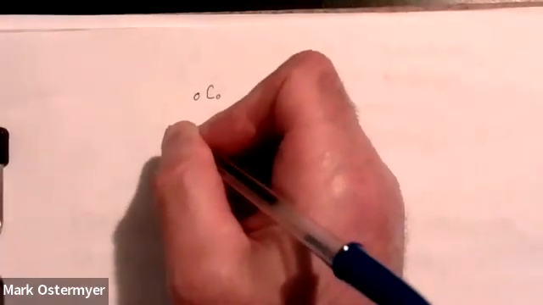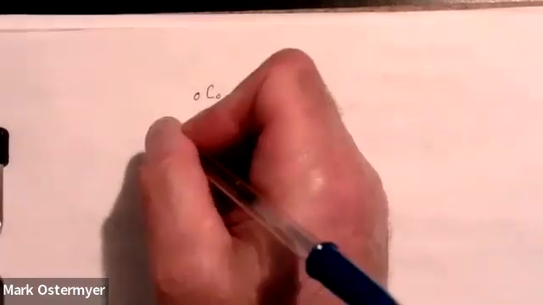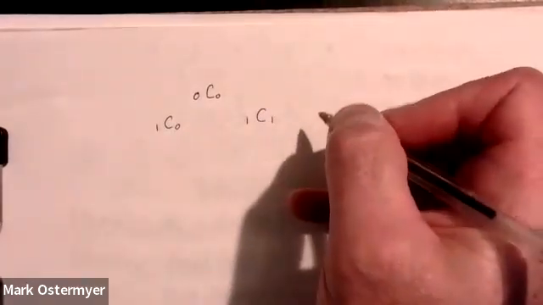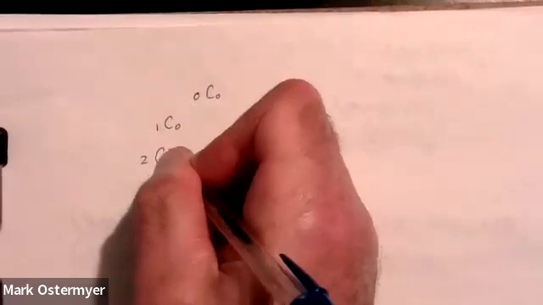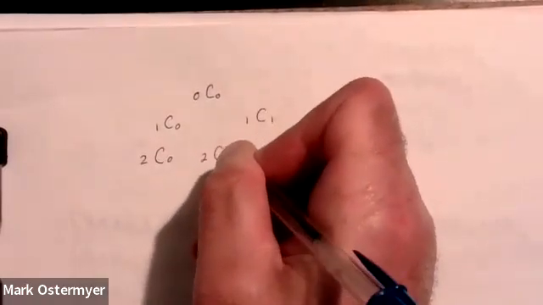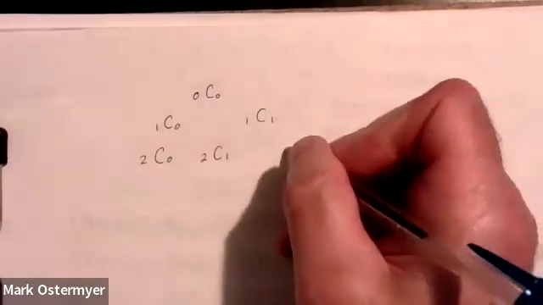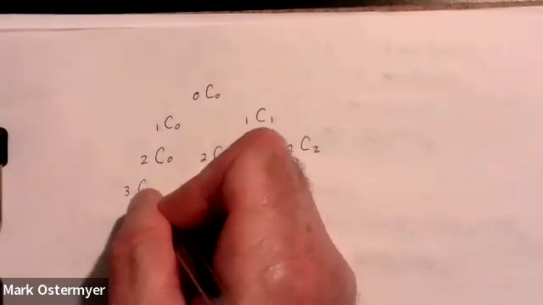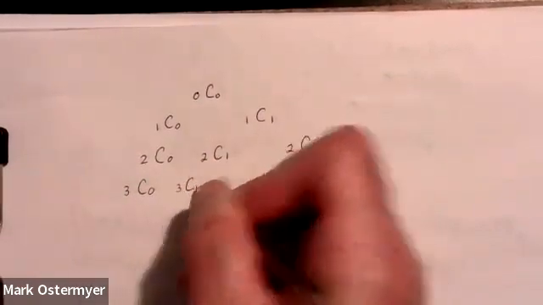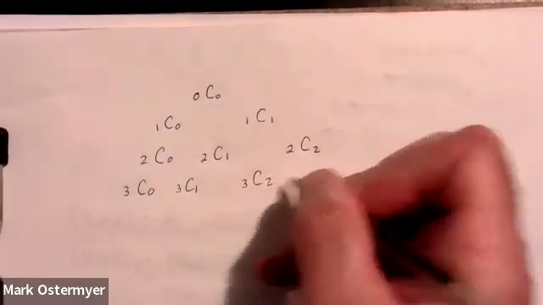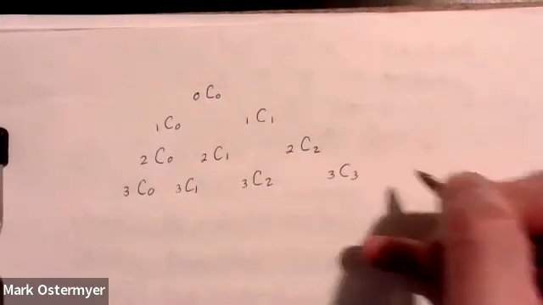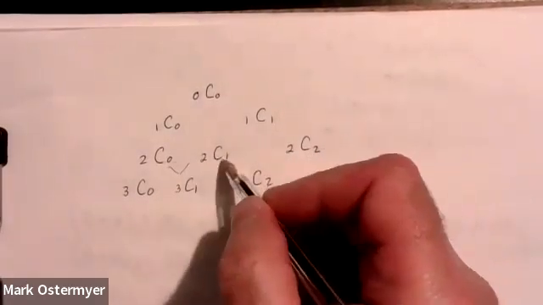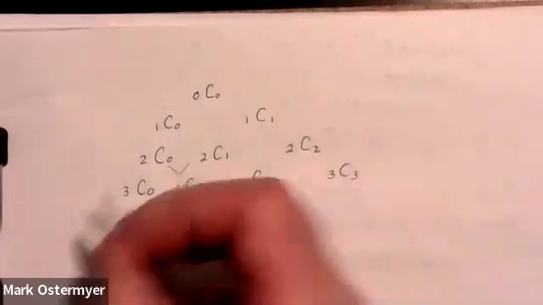You can have 1 in combination with 0, and then 1 in combination with 1. 2 in combination with 0, 2 in combination with 1, and 2 in combination with 2. 3 in combination with 0, 3 in combination with 1, 3 in combination with 2, and 3 in combination with 3. So this is the sum of these two previous terms. This is the sum of these two.